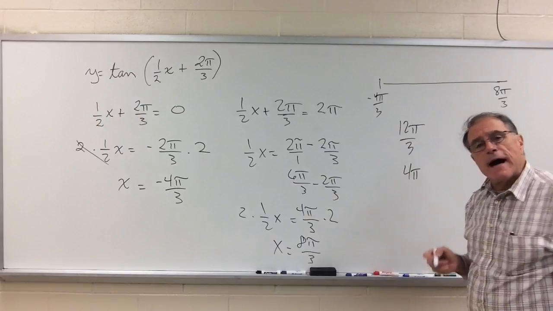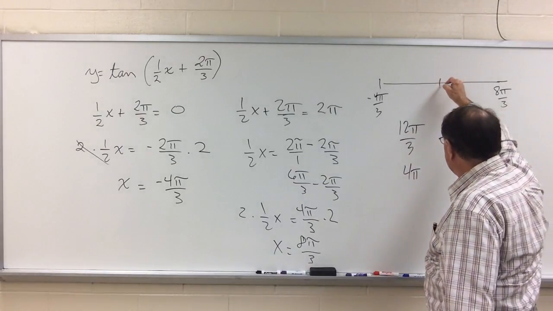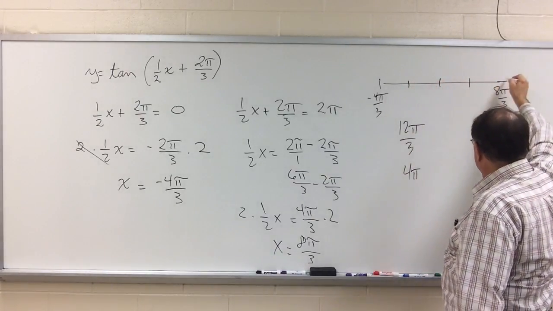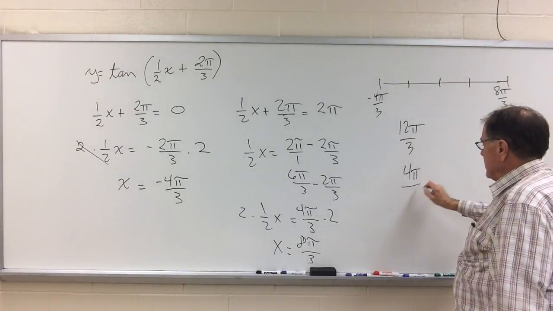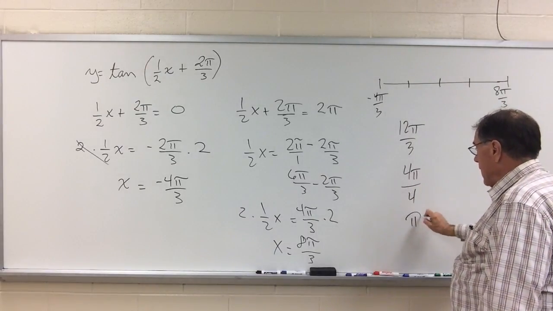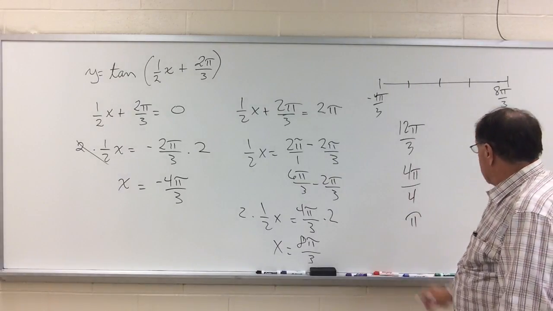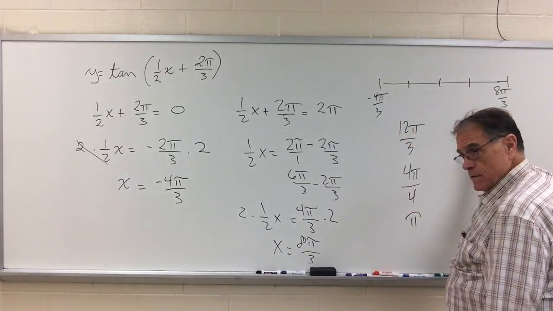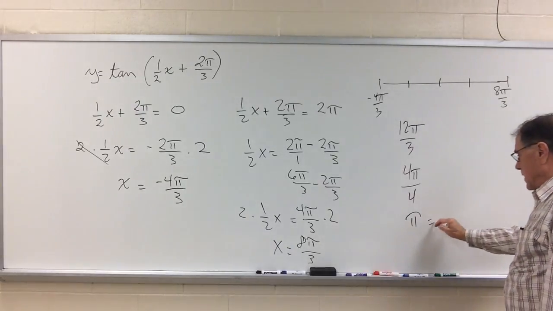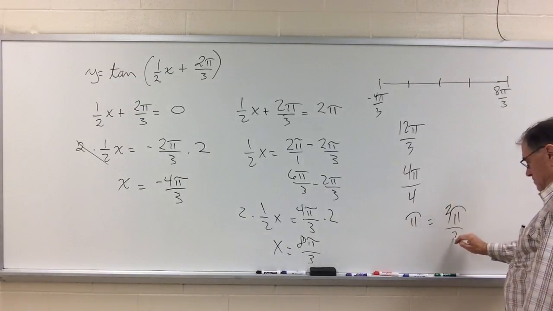And I'm going to divide that by 4 because I need those increments, you see. When I divide that by 4, each increment is pi. Now notice these are in thirds, so pi is 3 pi thirds.